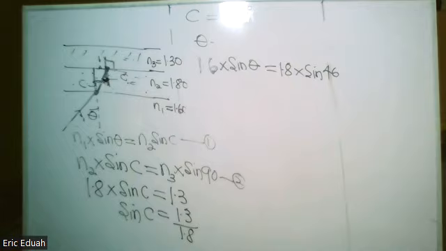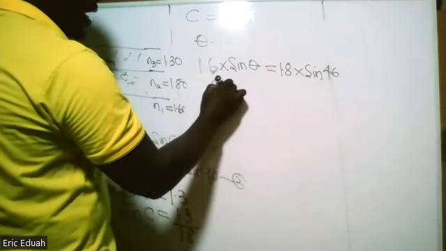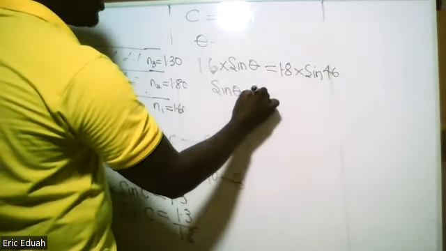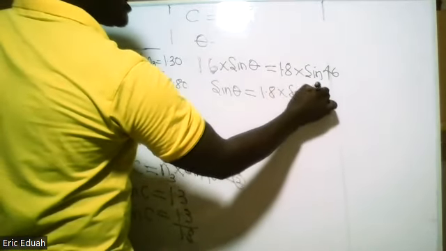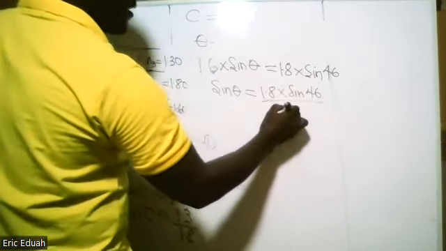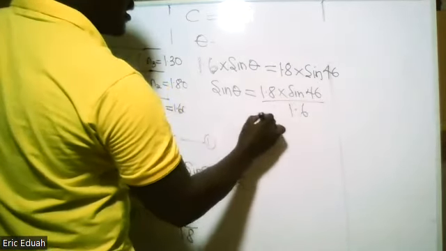Therefore, sine theta is equal to 1.8 times sine of 46 divided by 1.6.